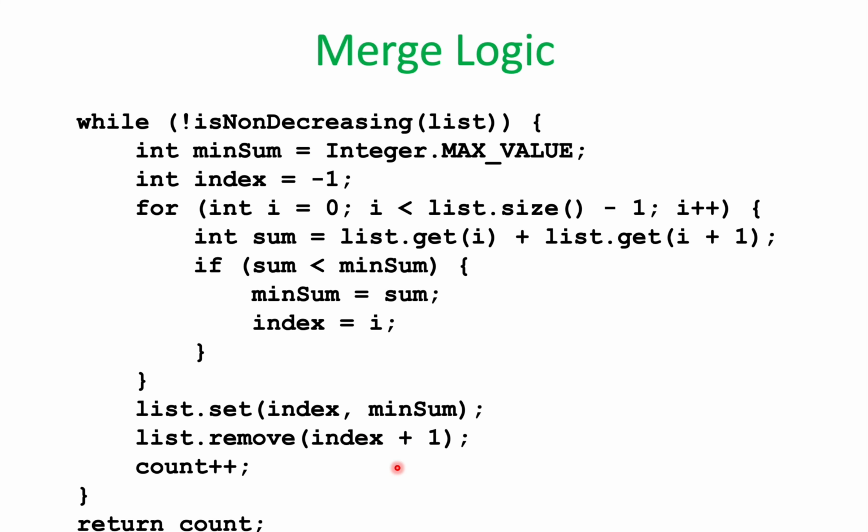But you must update the array dynamically, and the list will take care of that. That is why I have moved from the array to list. And now count++, we have to return count.